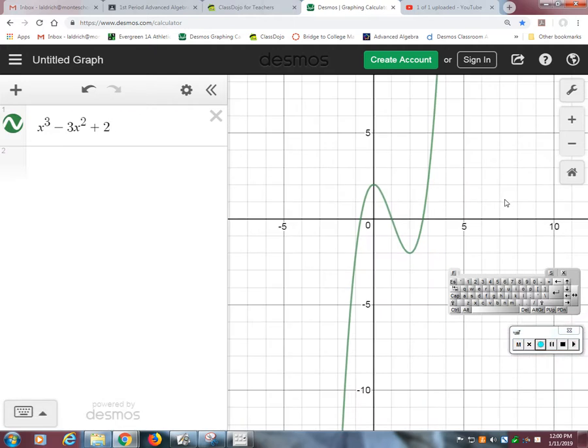So the relative maximum and minimums are the y values of the peaks and the valleys. Okay, so I got a peak right here, so that y value is 2, yep, and then I got a valley right here, that y value is -2.